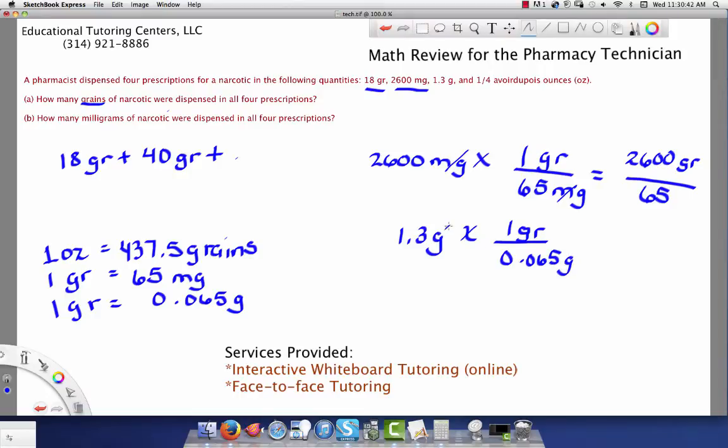Okay, so grains cancels with grains. And that leaves 1.3 times this 1 grain. That's 1.3 grains in the numerator. And for the denominator, I have 0.065. The unit is gone from the denominator, and that's what we want. Let me get my calculator.